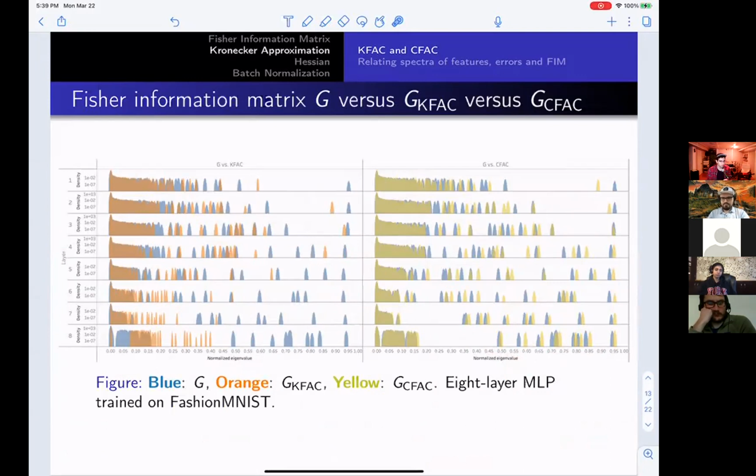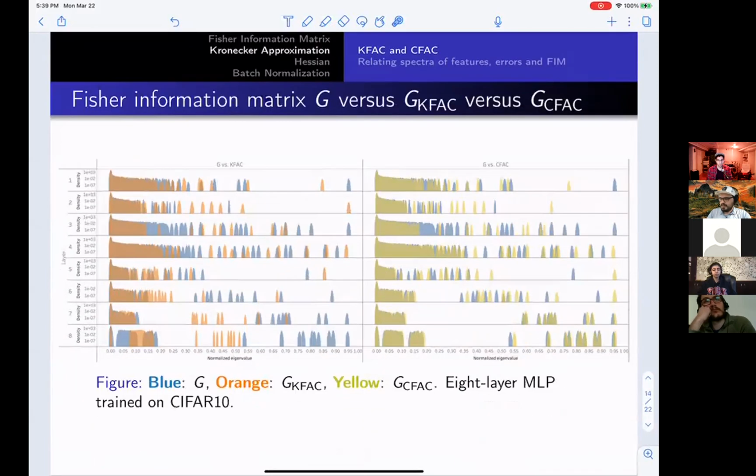So KFAC is not approximating the Fisher information well. And you can see the same thing for CIFAR 10, except in CIFAR 10, CFAC becomes a bad approximation also in shallower layers.